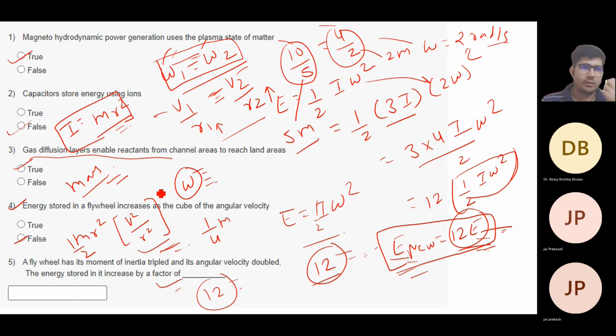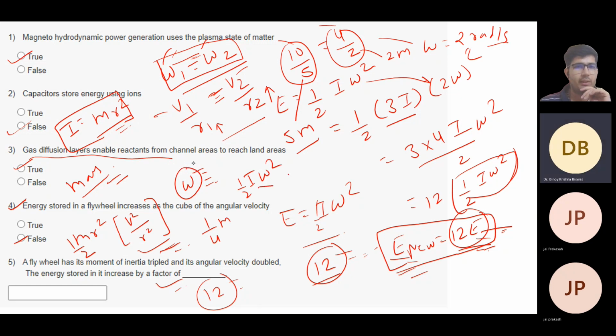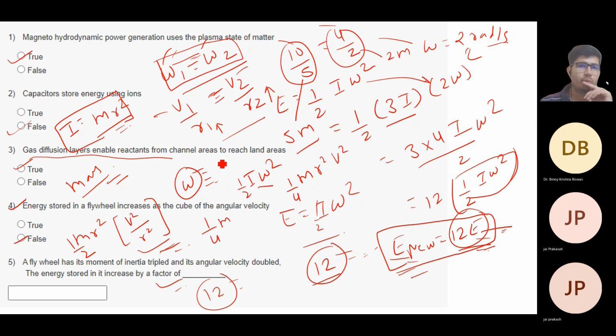But in this case, if you are putting half I omega square, and putting 1 by 2 mr square, then it will become 1 by 4 m r square omega square. You have given the omega, so you have not given the radius. So the omega you can put like v square by r square. So r square will be cancelled out. So you will be left with only the linear velocity.